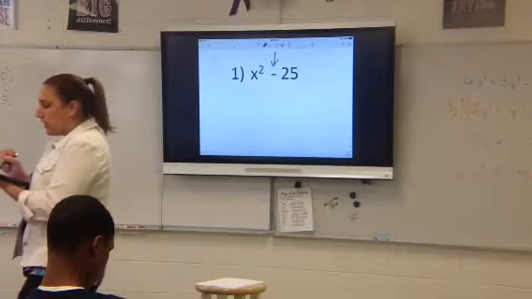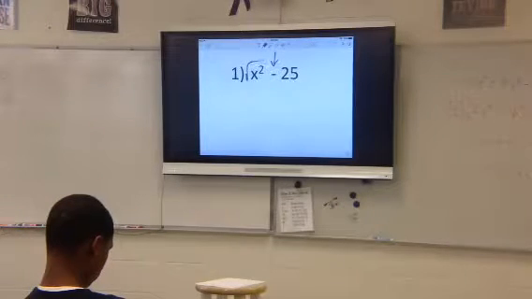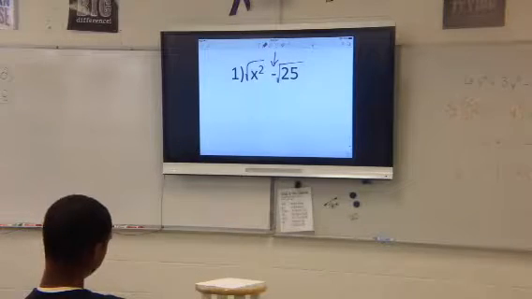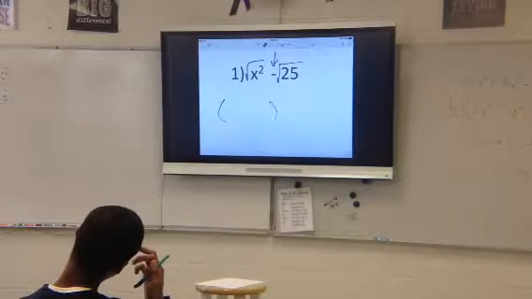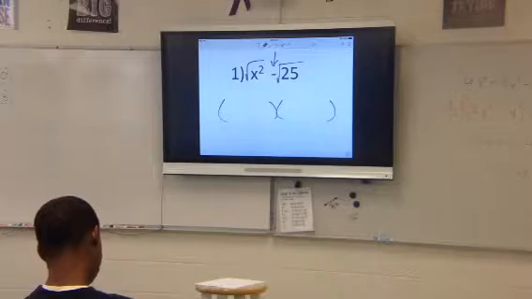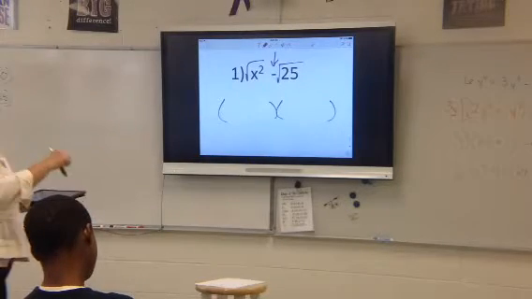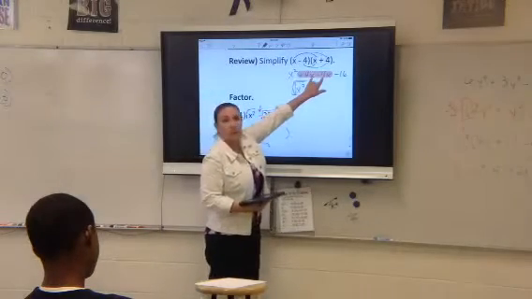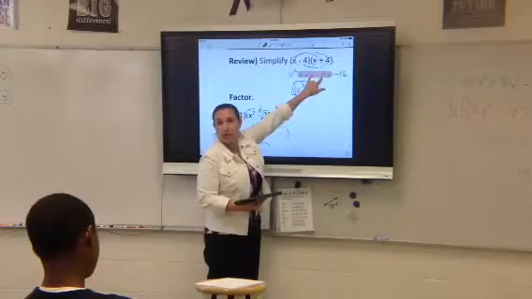The other 2 things we need to look for here is can I square root x squared, or can I break it evenly? Yes. And then can I square root the 25? Yes. Okay? Once you have checked to make sure that you can do all of that, then you can come up with your answer, okay? So I'm going to go and put 2 sets of parentheses. I know since the x in the middle is missing, right? So if we go back up here and look, the x's in the middle canceled out, okay? So there's no x's right now in the middle.